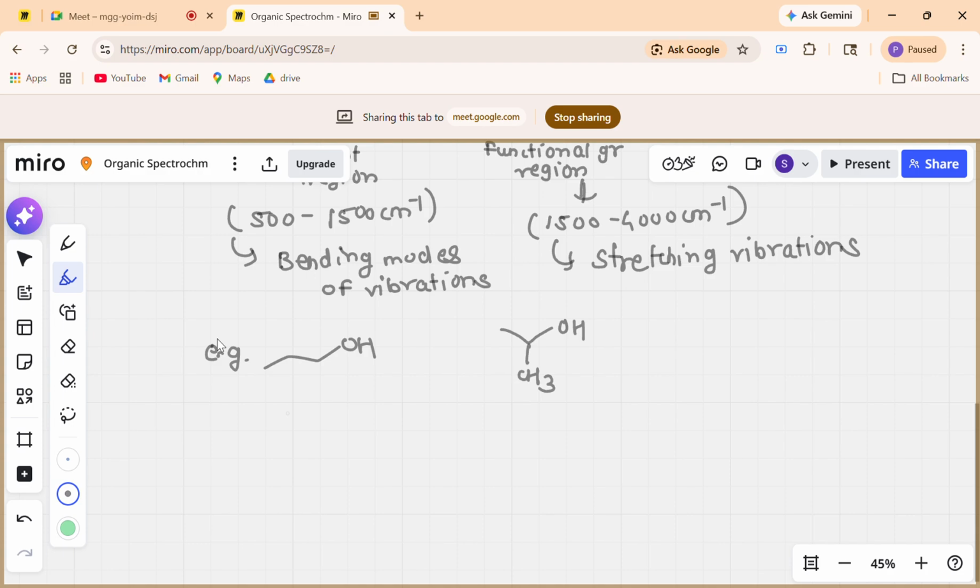The only difference is that this is a primary alcohol and the second one is a secondary alcohol, right?